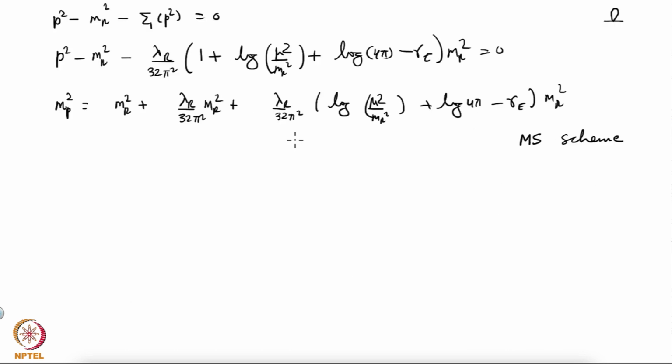But as I told you last time, you could also subtract finite terms, meaning you could also subtract this one, which is proportional to lambda r, or any other term which you want to remove. So if you remove log 4 pi minus Euler gamma_E, then that result is called a result in MS bar scheme.